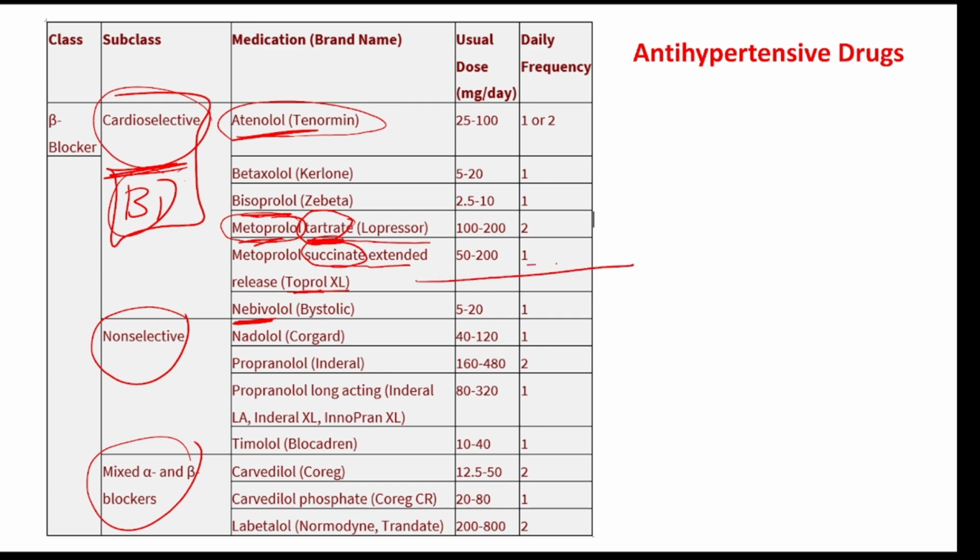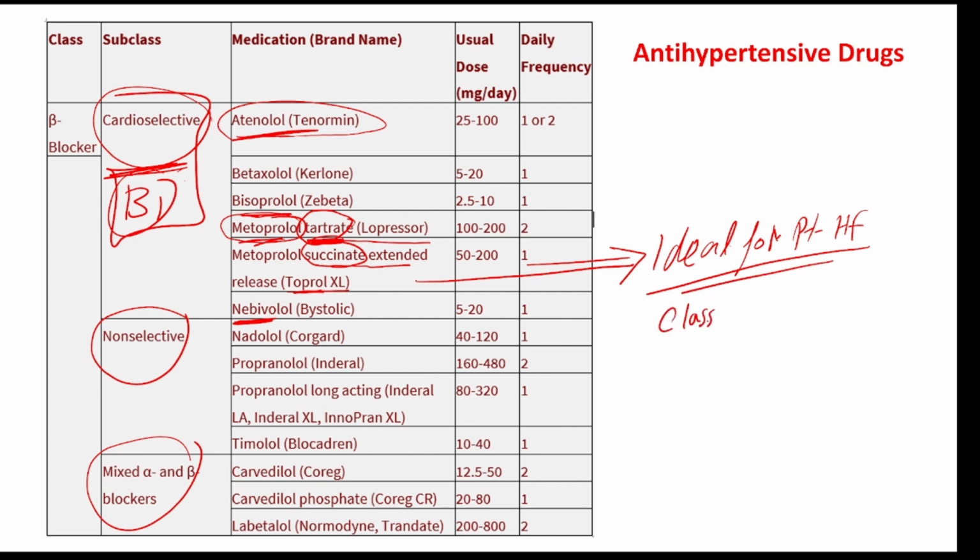This medication will be ideal for patients with heart failure, but we have to be careful which stage or which class will be a good option for patients with heart failure.